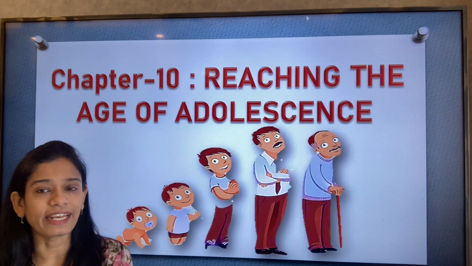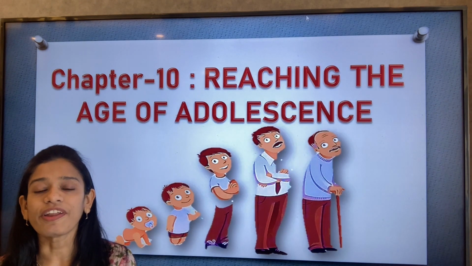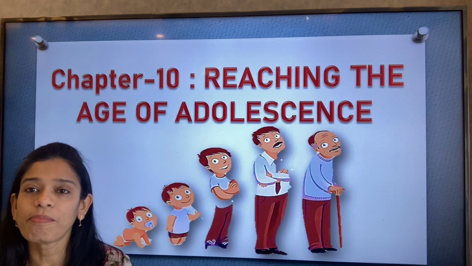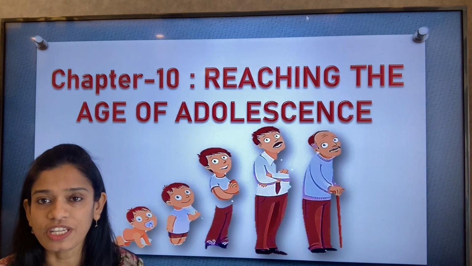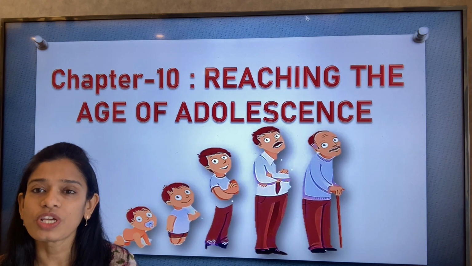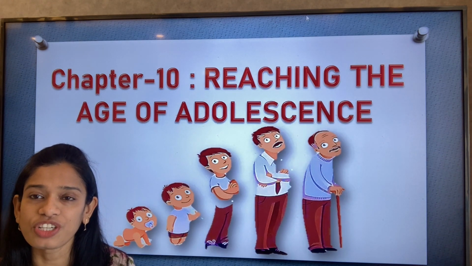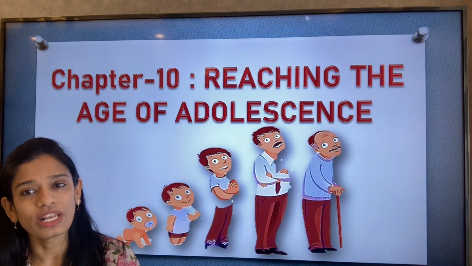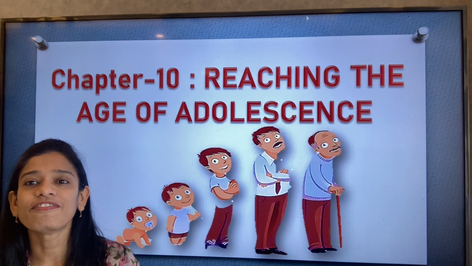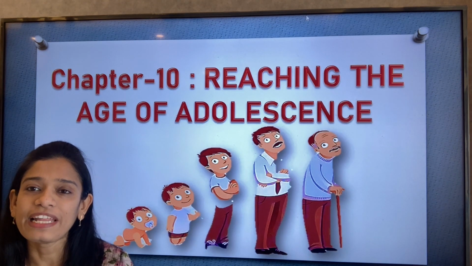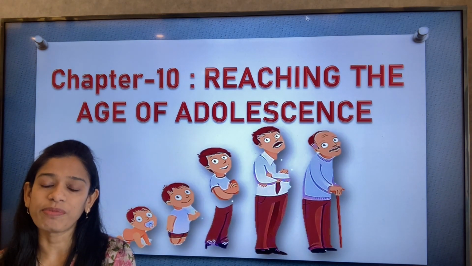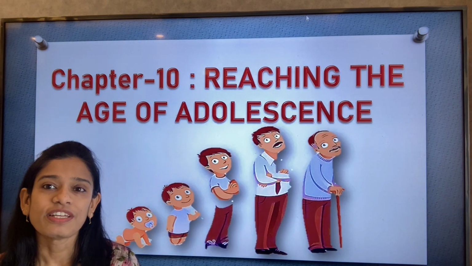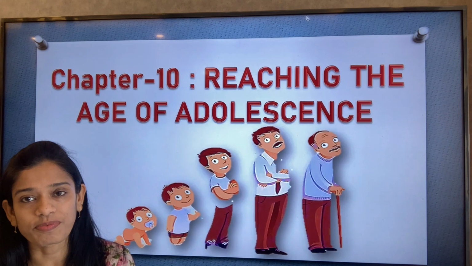Here we are going to learn many new terms, new definitions, and most importantly, these are the changes that we see in our own life, so we are able to relate to them very much. So let's start with the chapter Reaching the Age of Adolescence.